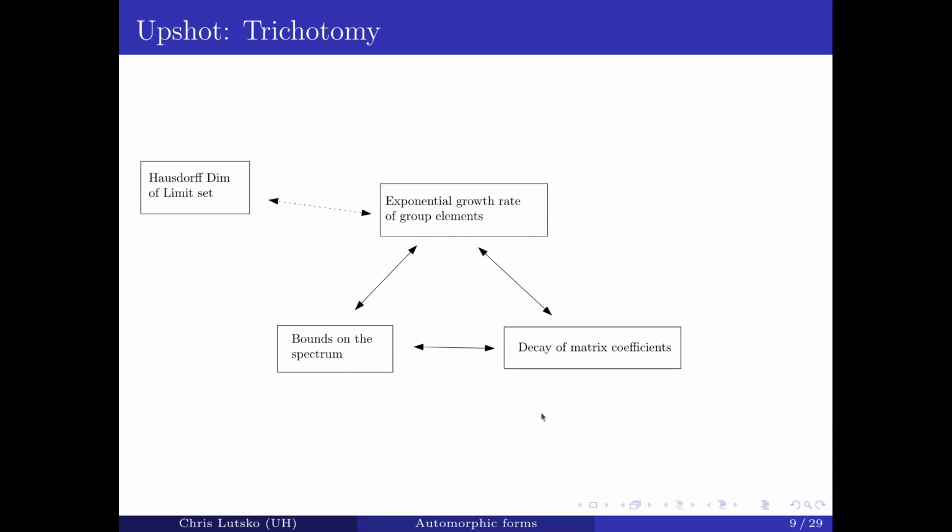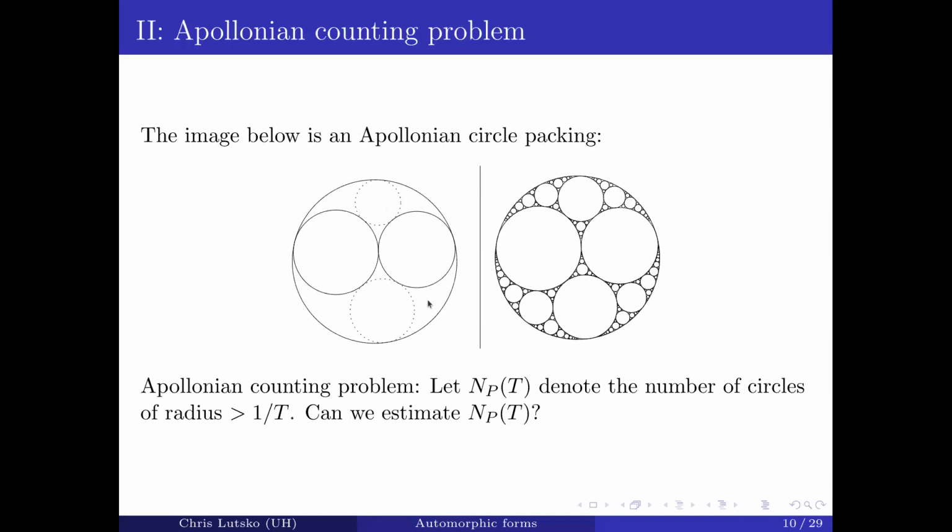But for now, I thought I would start with an example of how we use these spectral and geometric information to study more classical problems in number theory and other things. The example I want to use is the Apollonian circle packing. To get the image on the right, you start with the image on the left, and wherever you see a gap, you fill it in with a circle which is tangent to all of the circles that form the boundary there.